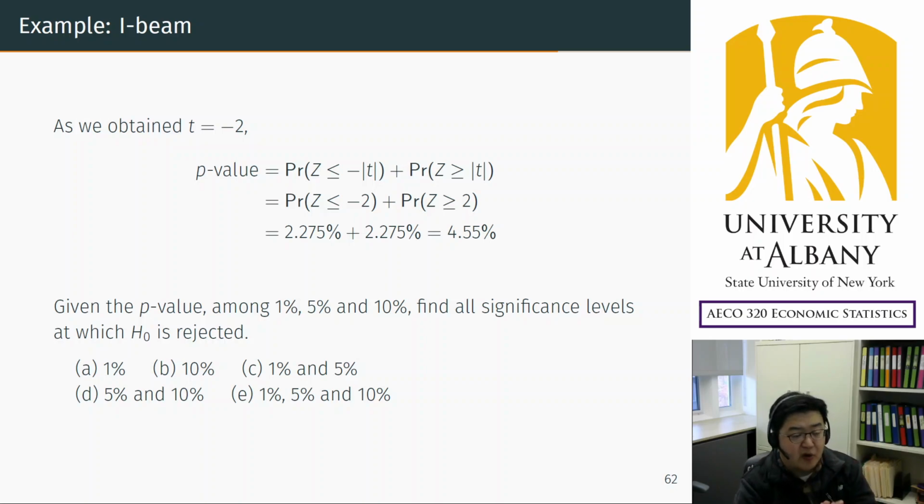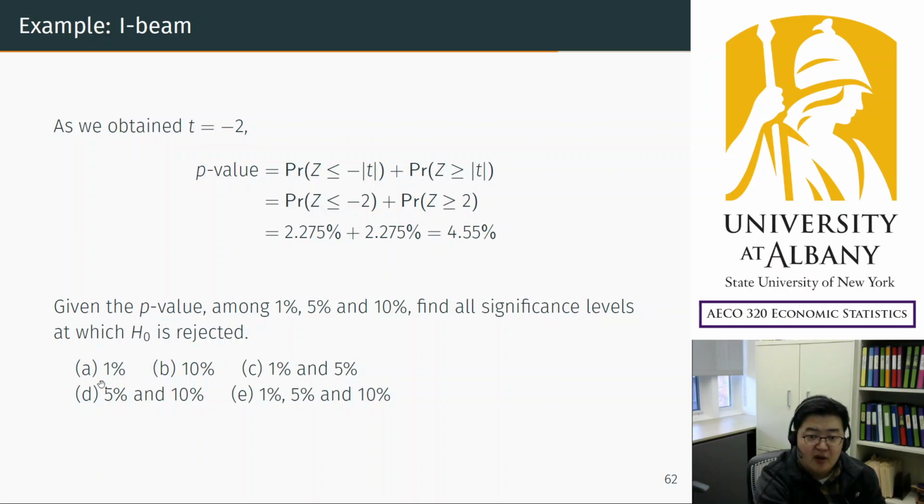Remember, in the p-value approach, we reject the null hypothesis if the p-value is smaller than the significance level. The p-value of 4.5% means your outcome is in the top 4.5% unlikely. If the significance level was 10%, you are going to reject the top 10%, so your outcome is included in there. So to reject the null hypothesis, your significance level must be greater than the p-value.